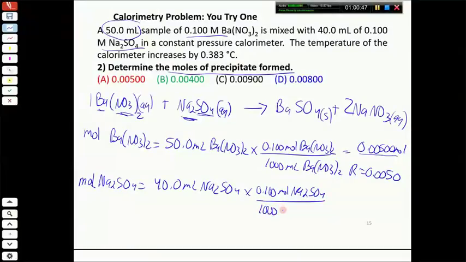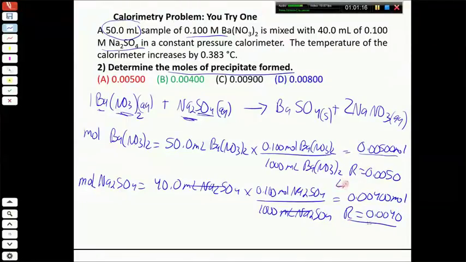So 0.1 moles of sodium sulfate per 1,000 milliliters of solution. So we have 0.004 moles of sodium sulfate, and this stoichiometric ratio is that number divided by the coefficient, which is also 1, so still 0.0040. And this one has the smaller stoichiometric ratio, so this is our limiting reactant.